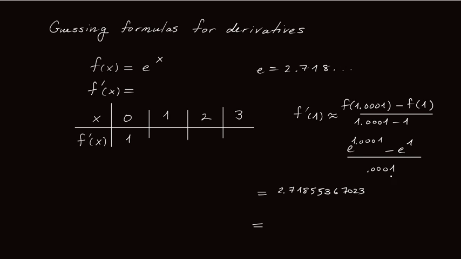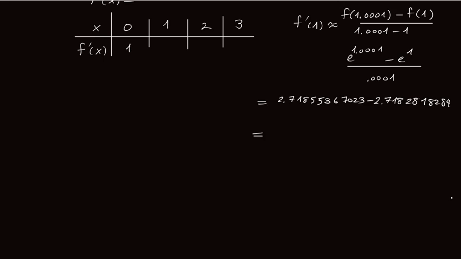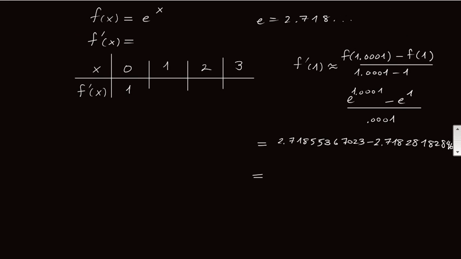Then minus e to the 1. E to the 1 is the same as e, which is 2.7182818286. And then I divide by 0.0001, and that'll give me 2.71841708.